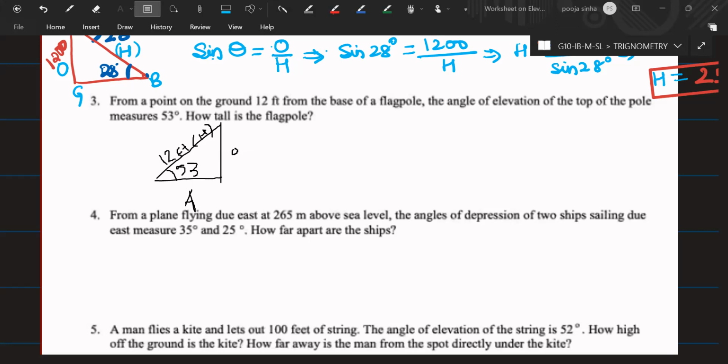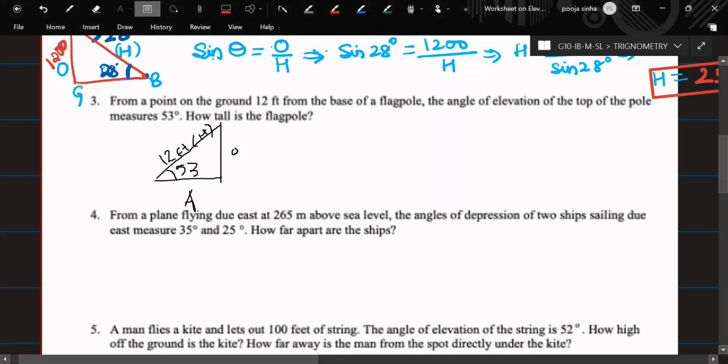This is what I drew. What you've drawn is partially correct. A few things are incorrect here. Let's understand. From a point on the ground 12 feet from the base of a flagpole. So this is your flagpole, this is the base of the flagpole, and this is the top.